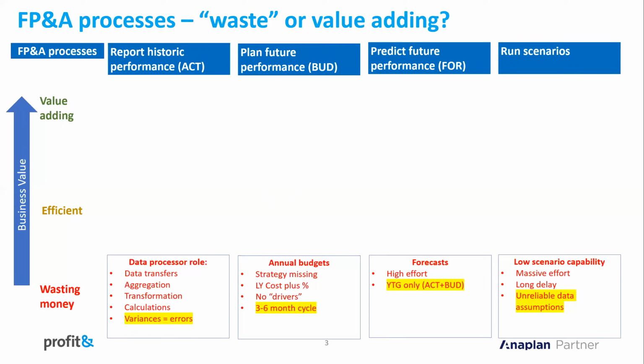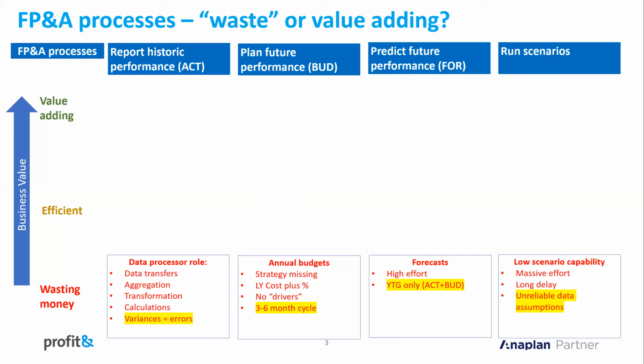And then one that not many finance departments really do in a routine way is predicting future performance. That's forecasts. And finally, running scenarios, which most CFOs that I talk to, that's one of the key things that they struggle to do.